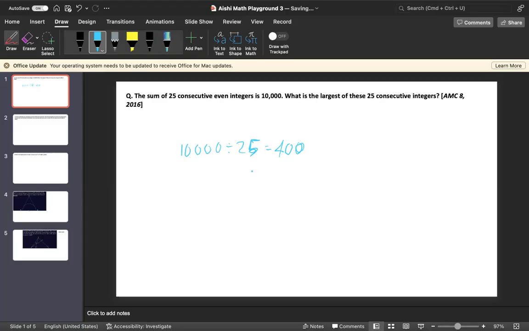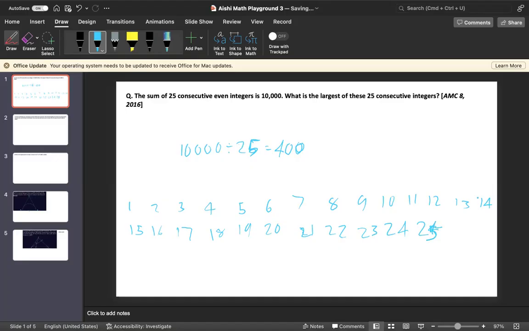So let me write down all of the terms. Term 1, term 2, term 3, term 4, 5, 6, 7, 8, 9, 10, 11, 12, 13, 14, 15, 16, 17, 18, 19, 20, 21, almost there, 22, 23, 24, and 25.